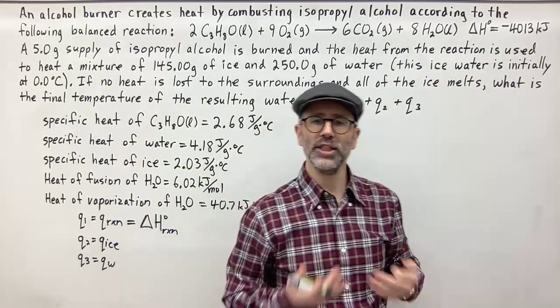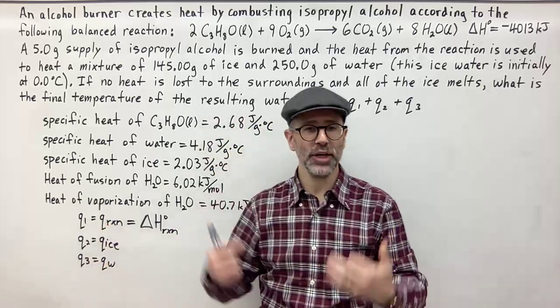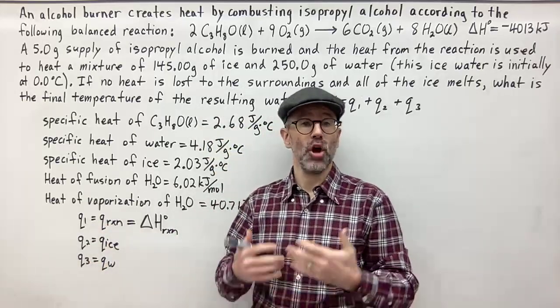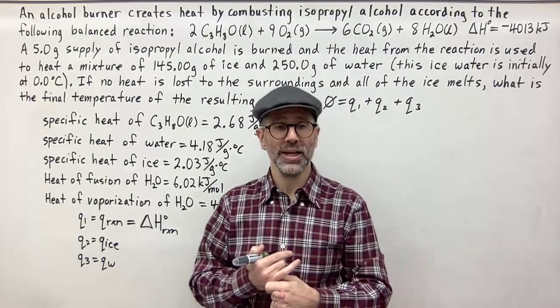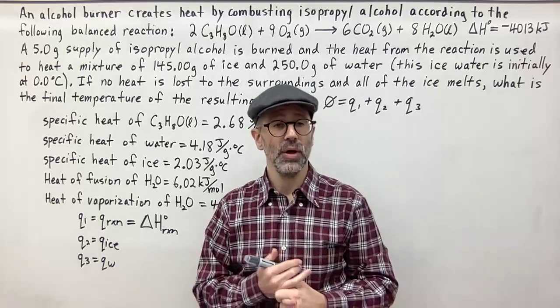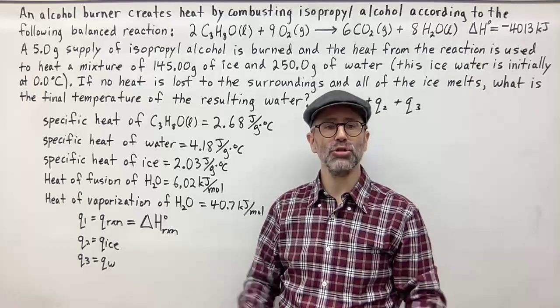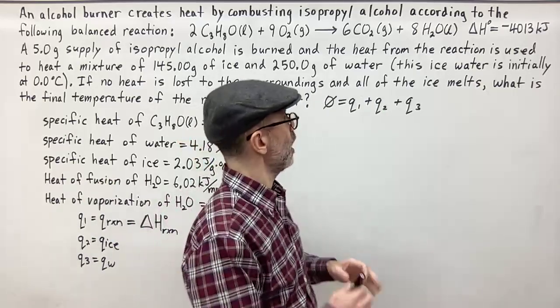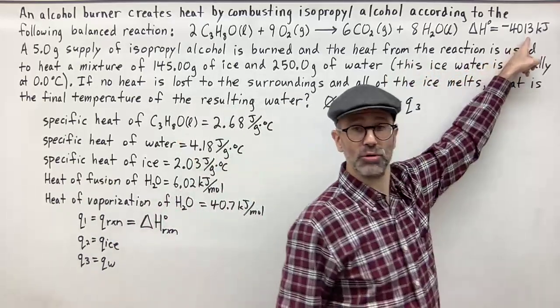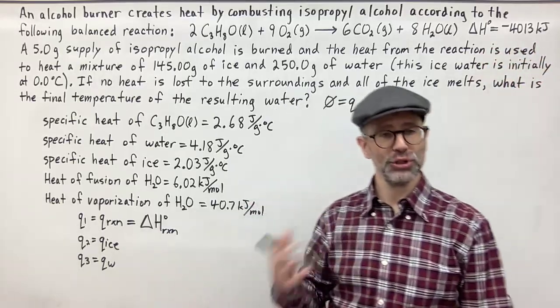I don't want moles. I just want an energy unit because Q is the amount of heat released. So heat is energy. The energy unit is going to be kilojoules or joules, not kilojoules per mole, right? So all I want is the absolute total amount of heat that's released by the reaction. So I need to get rid of moles here. Instead of kilojoules per mole, I want just kilojoules or joules.